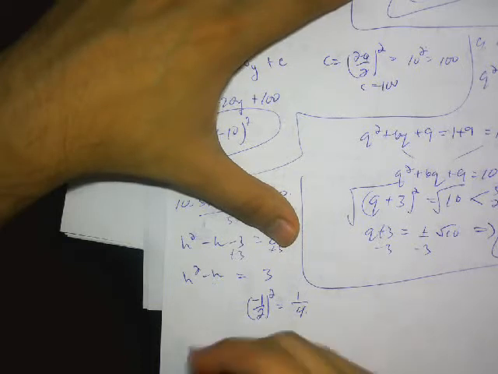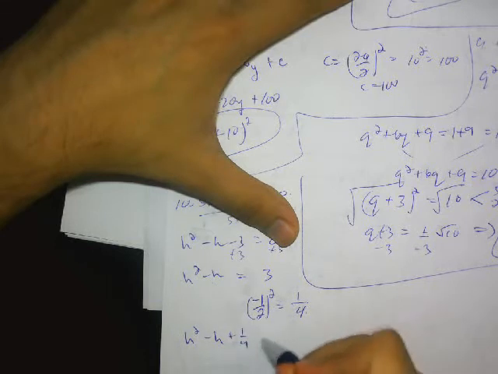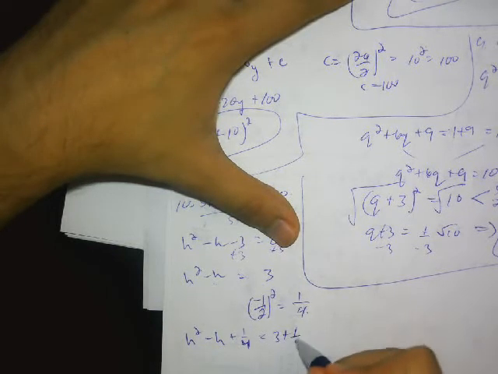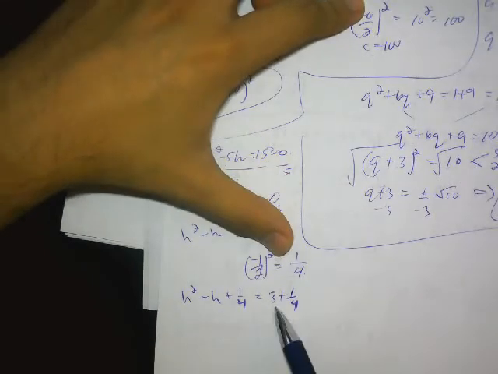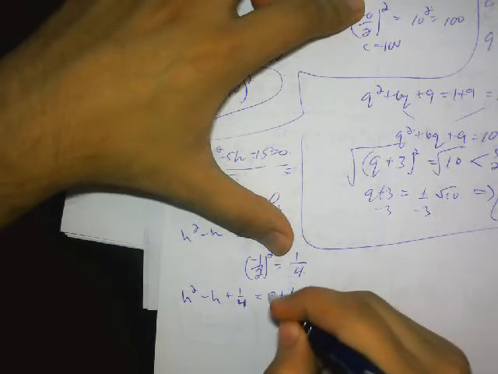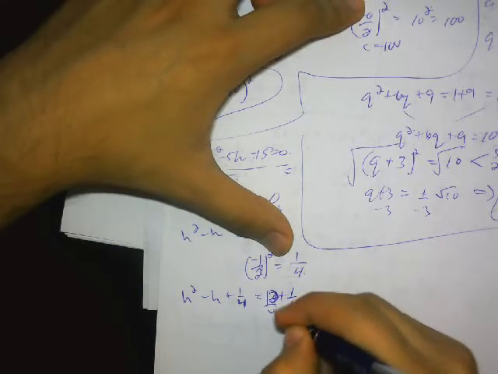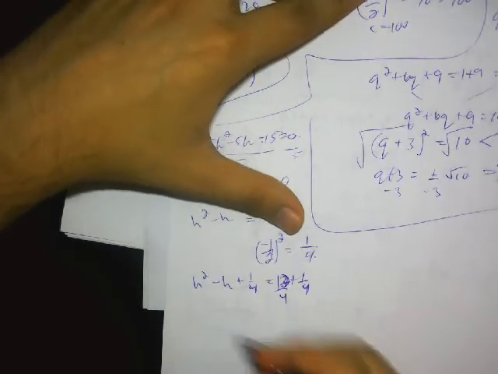Common denominator, so I'm going to multiply by 4. That's 12 over 4. And then this becomes my binomial. So that's (h minus 1/2) squared is equal to 12 over 4 plus 1 over 4, which is 13/4.